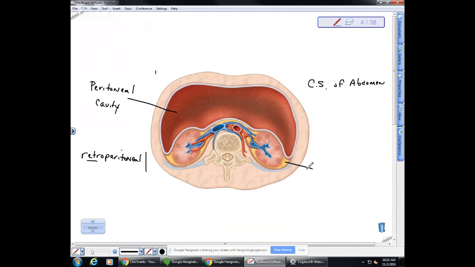This fat is called the perirenal fat capsule. Okay, so this actually has a couple of functions. One is it cushions.